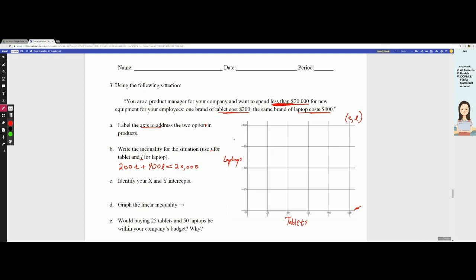We're thinking about the situation here where we don't want any tablets. So how many laptops can we afford? So let's do the math, all right? No tablets, so tablets are 0. And let's solve for how many laptops we can afford.